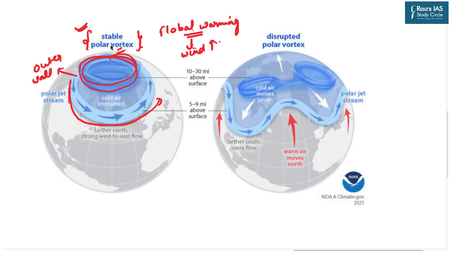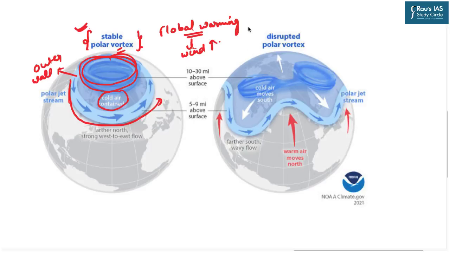Now, polar vortices can always be found and will be stable when we have a cold polar jet stream, because this cold polar jet stream will be able to dominate and restrict this cold air within its outer band. But if these cold polar jet streams weaken, and how can they weaken? They will get weakened because of the rising temperatures.